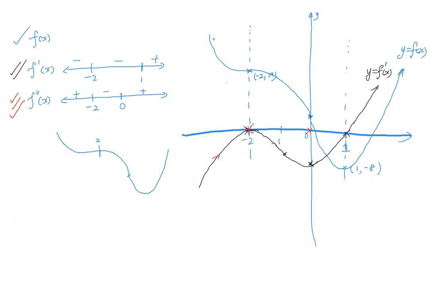So it will be very positive to become 0, then someplace somewhere here turn and go up. So this is your y equal to f double prime x. And if you know the property of a quadratic, it should turn at -1 because it's symmetrical. Right?